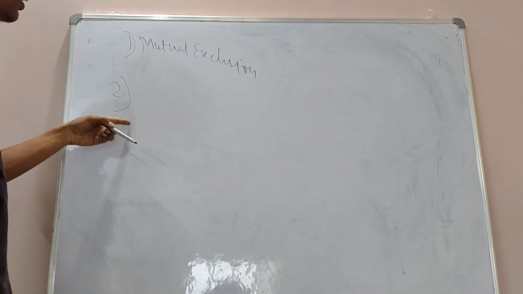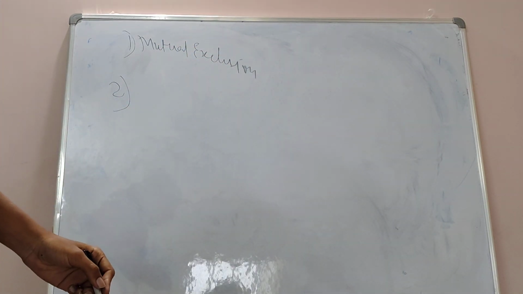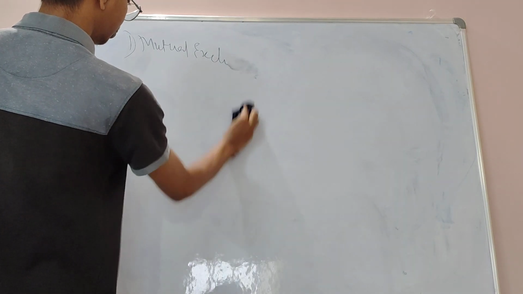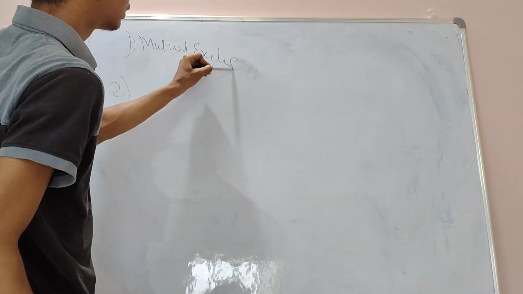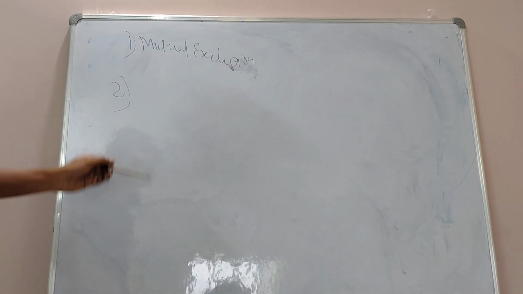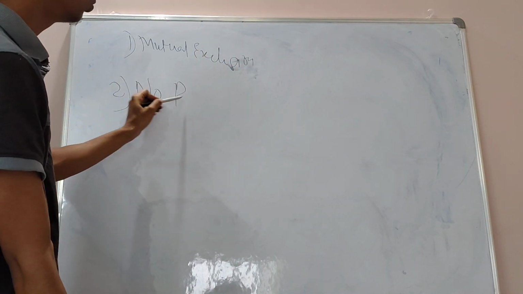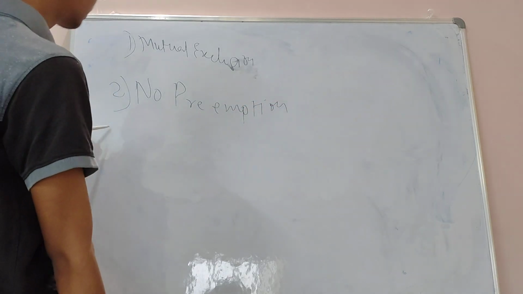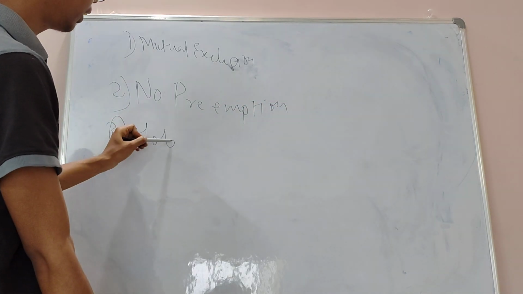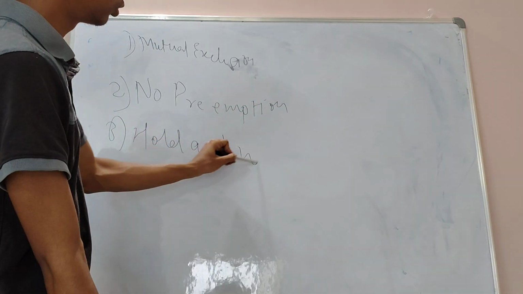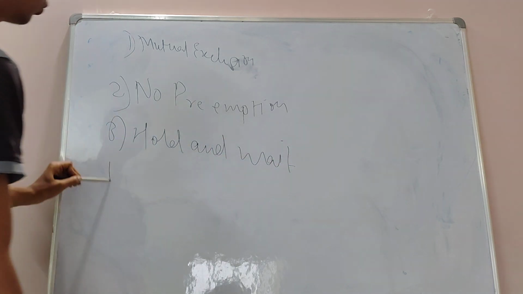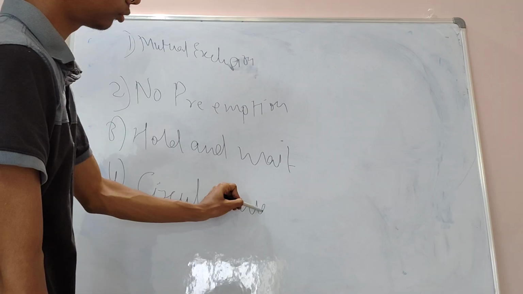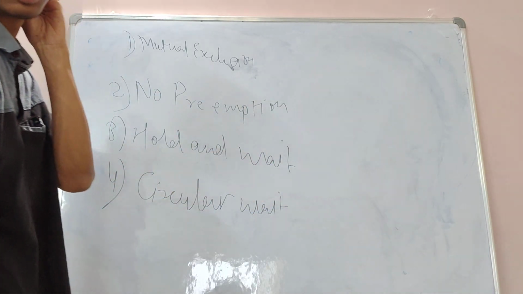Second is no preemption. Third is hold and wait. And fourth is circular wait. Right.